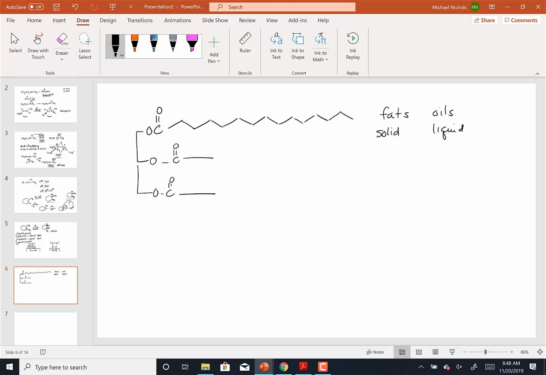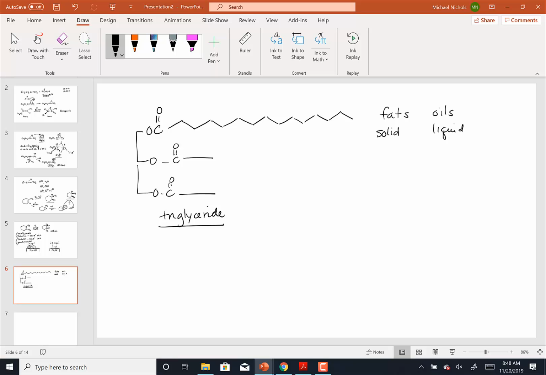So that technically is a triglyceride, and it is either a fat if it's a solid or an oil if it's a liquid.